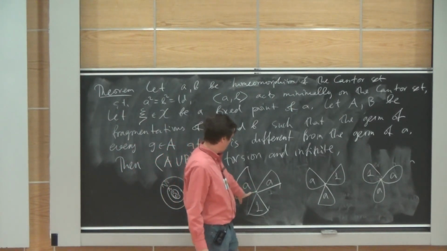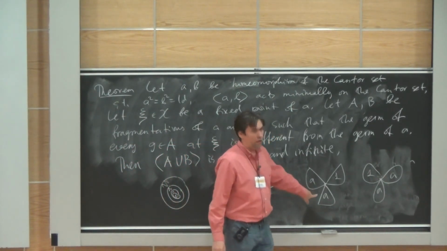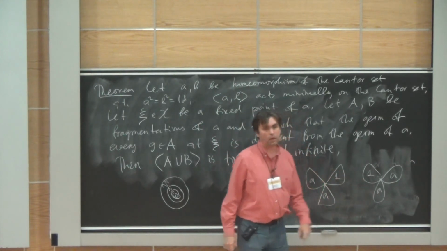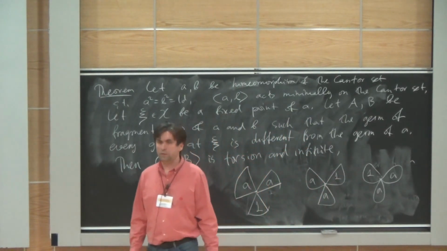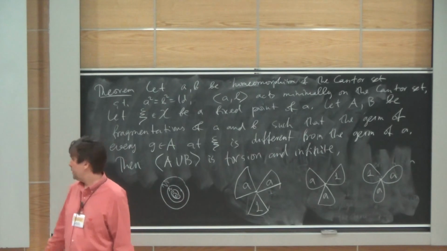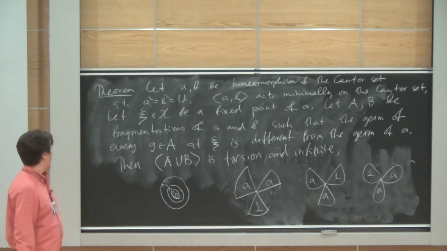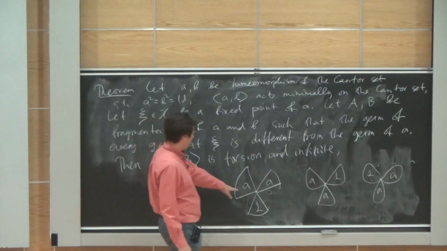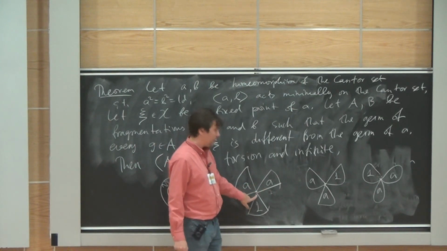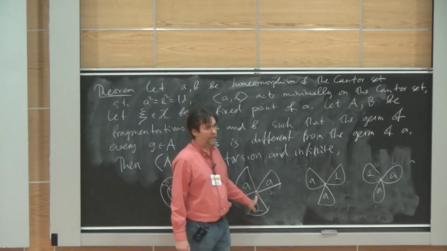So you see that if you multiply any 2 of these homeomorphisms, you get the third. So together with identity, this will give you a finite group. It will be a fragmentation of A, and it satisfies this condition. Every element acts as identity somewhere where A doesn't act as identity.